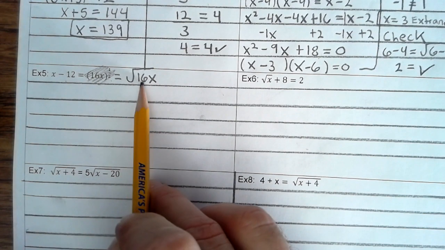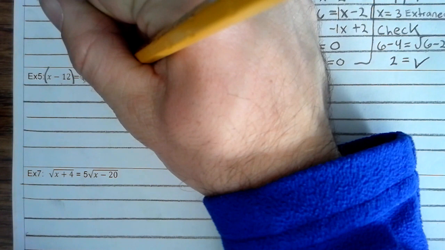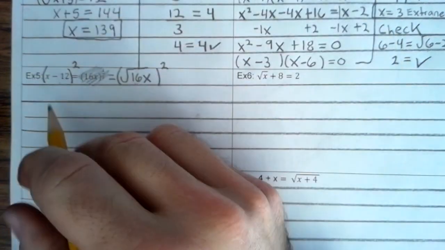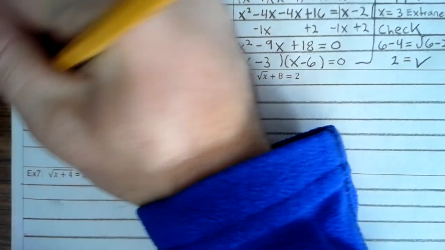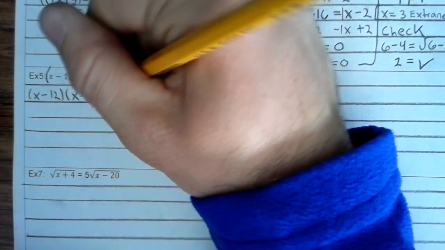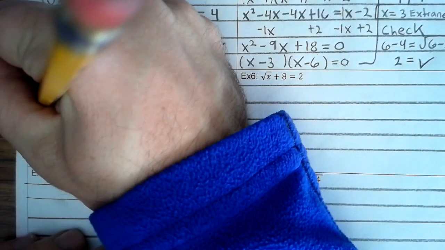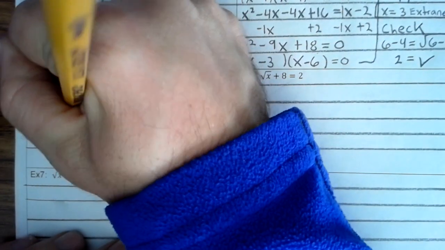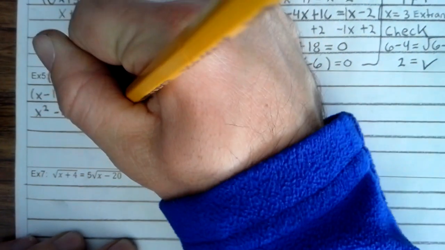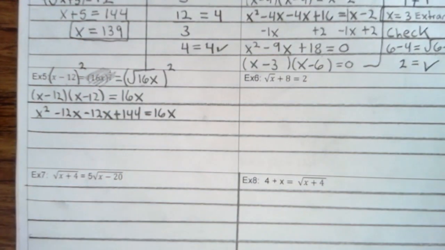Now, the square root's isolated, so we're going to square both sides. So then that's x minus 12 times x minus 12 equals 16x. So x times x is x squared minus 12x minus 12x plus 144 equals 16x.